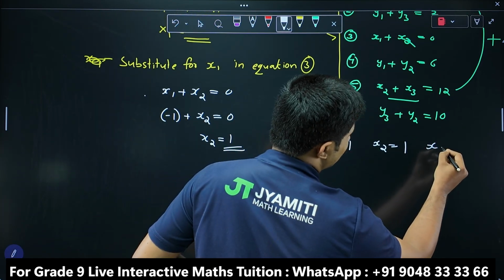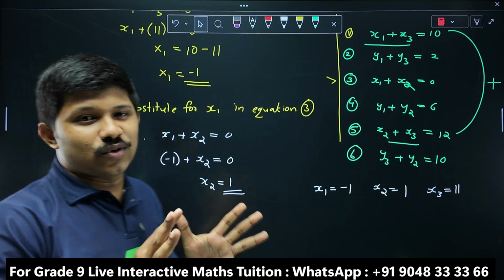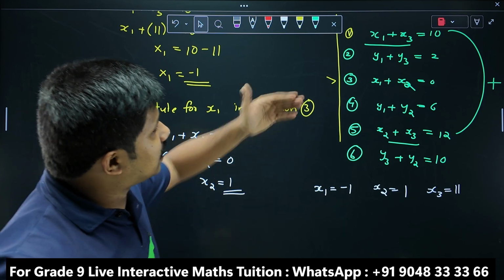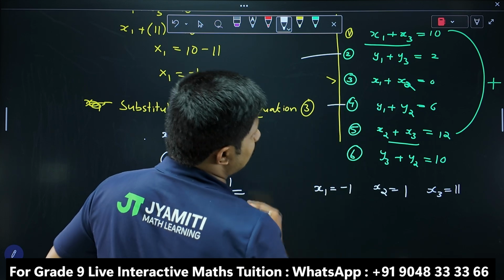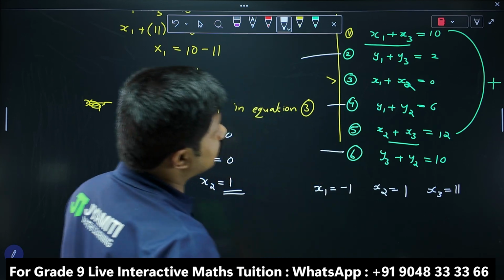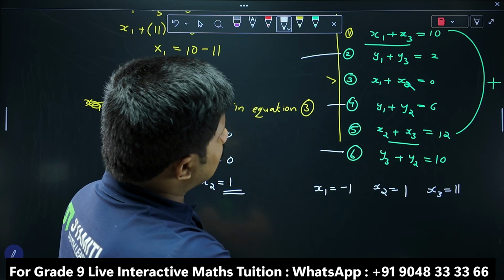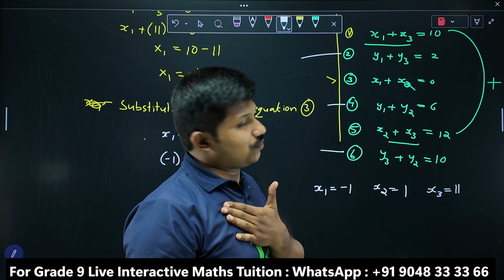Okay. So now we can solve the y coordinates. The equations containing y coordinates are equation 2, equation 4 and finally equation 6. Now see here, y1 plus y2 is 6, that we know.